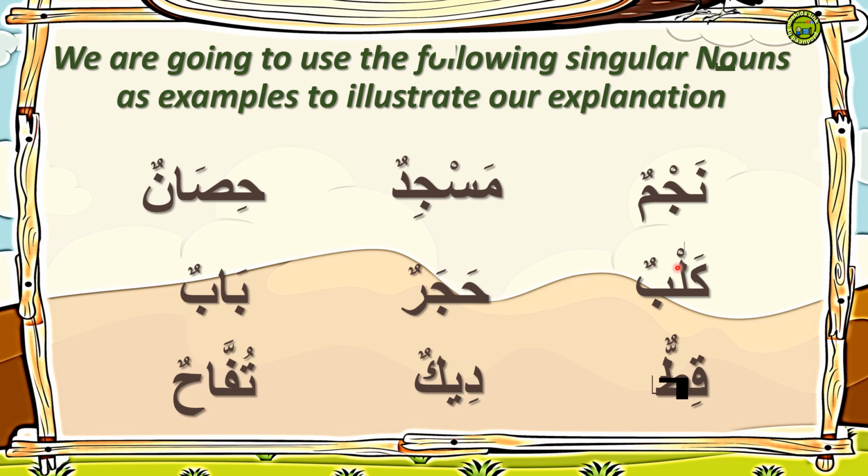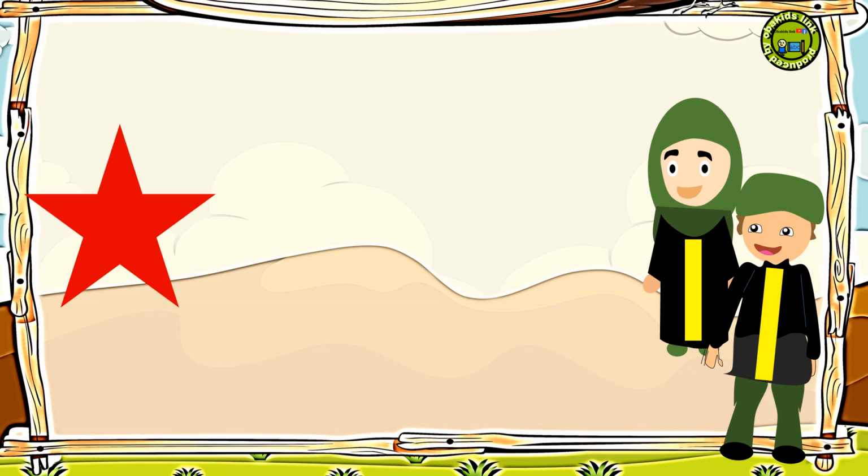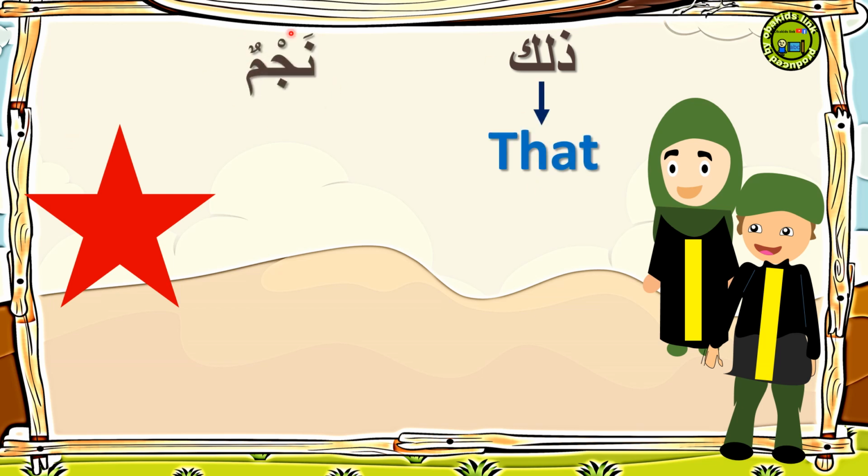Let us use the following nouns with Zalika. This is Zalika. Zalika is a singular demonstrative pronoun which means that. This is Najmun.